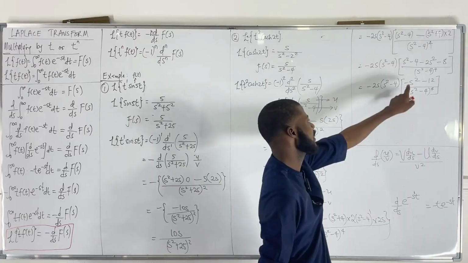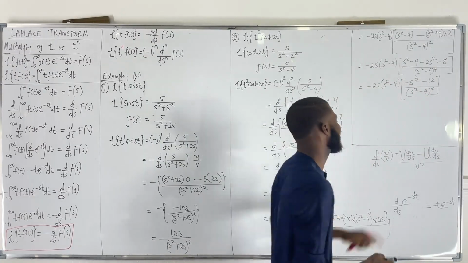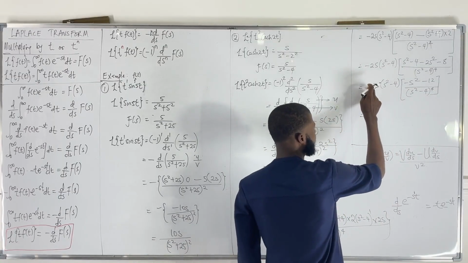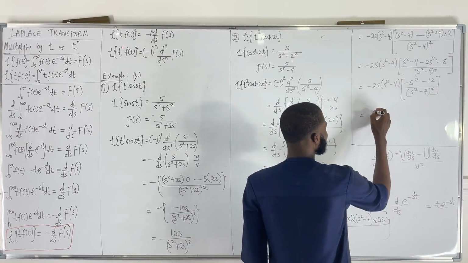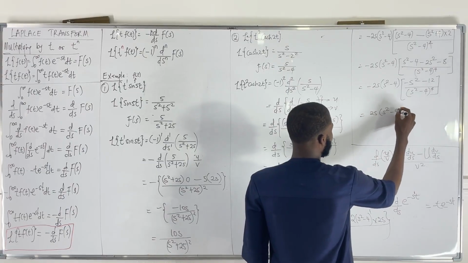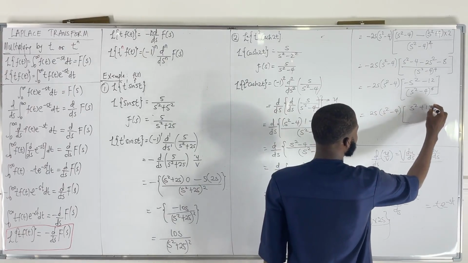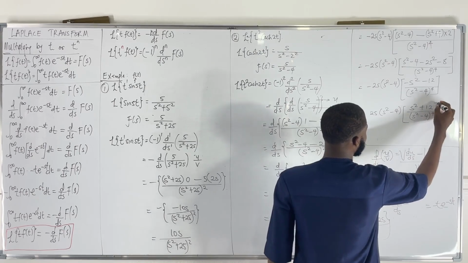Okay, now if you look at this, minus is common here, right? So I can bring out the minus again. When the minus comes outside, this will make this negative sign here become plus. So let's be a little bit fast, I don't have any more space. So this will be 2s into (s squared minus 4), then we have (s squared plus 12) over (s squared minus 4) to the power of 4.